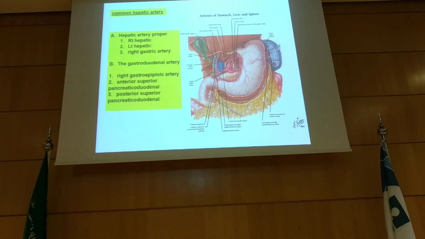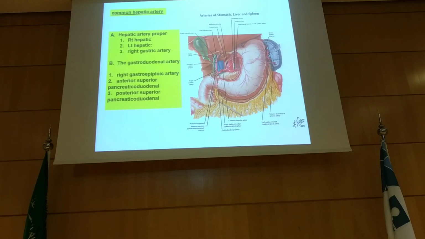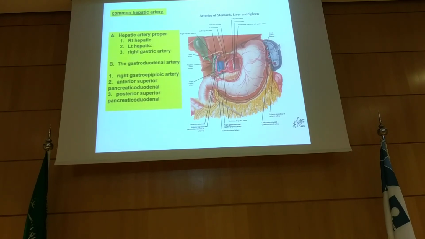Now remember the celiac trunk is supplying the foregut. It should supply the upper half of the duodenum. Where is that going to come from? It's going to come from the gastroduodenal artery. Before it goes down, it's going to give us the superior pancreatico-duodenal arteries, one anterior, one posterior.